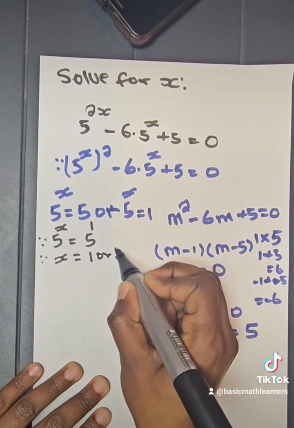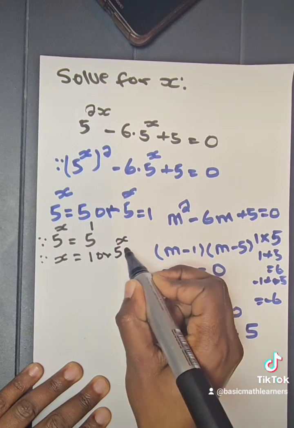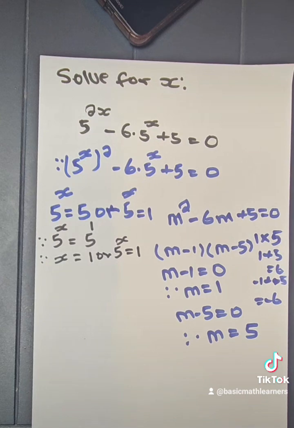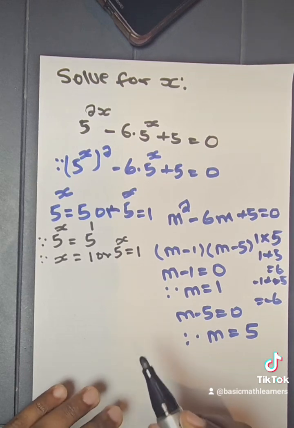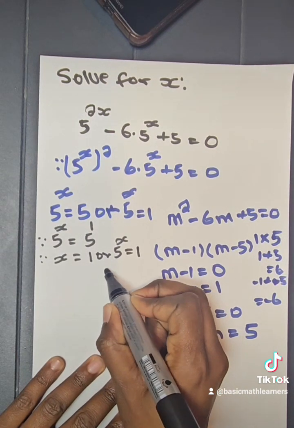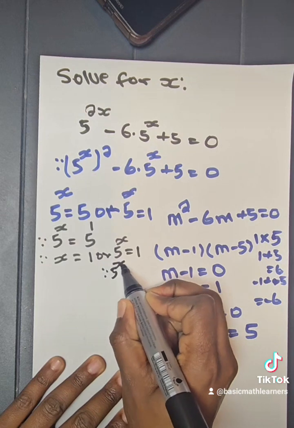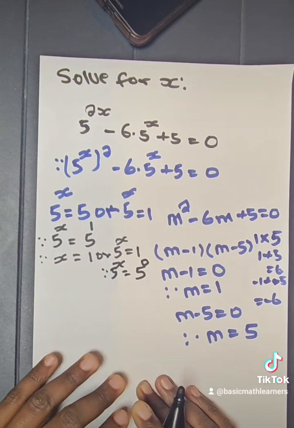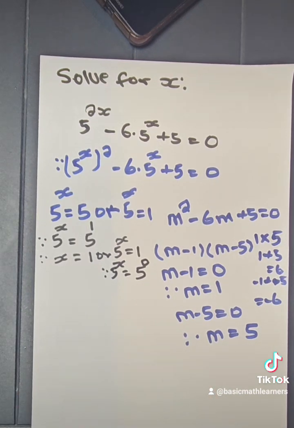Or 5 to the power of x equals 1. Now on this side, we must have power equal to power. So how can we rewrite 1 as a power? Yes, 1 can be rewritten as a power using 5 to the power of x equals 5 to the power of 0, because 5 to the power of 0 just equals 1.